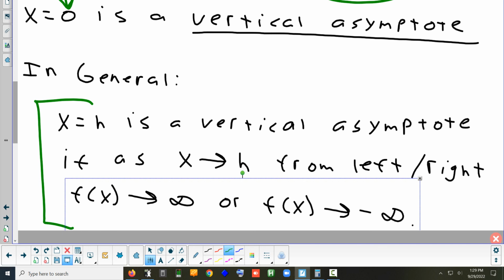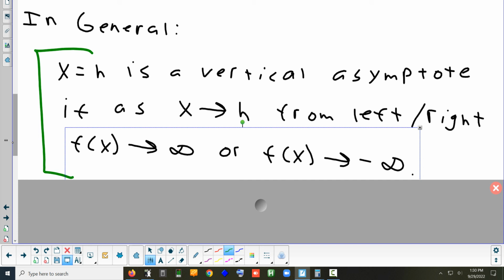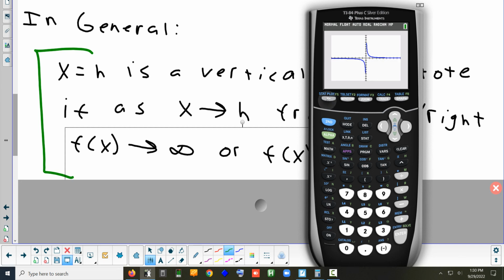For a graph where they're both coming up, that actually would be like the absolute value of 1 over x, I think. Let's see if that works. You said you're talking about them both going up. With that one, as x approaches 0 from the right side, f of x increases.